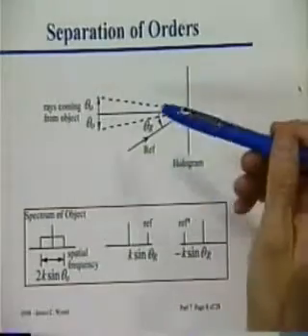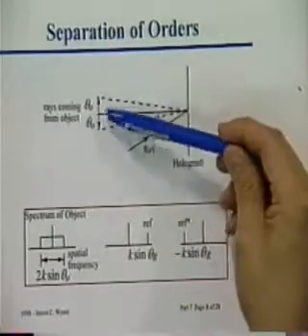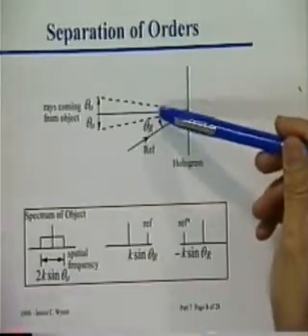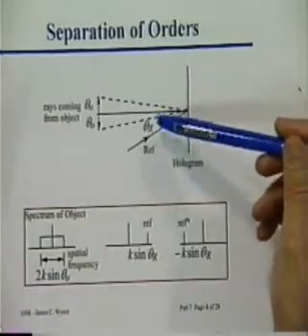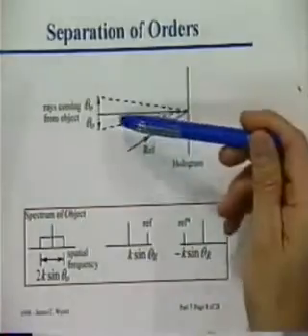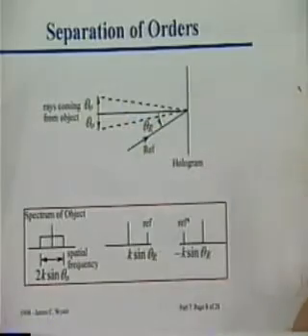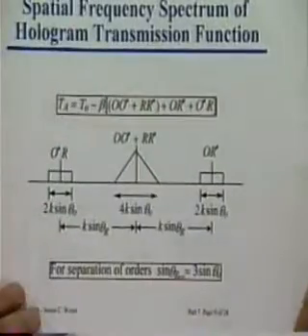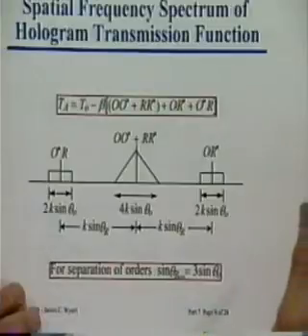The object beam was plus or minus theta naught, and so the reference beam here has to be, for small angles, 3 times this right here. Okay. Any questions?